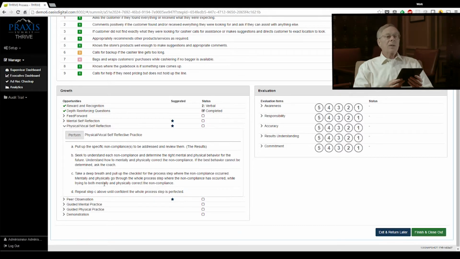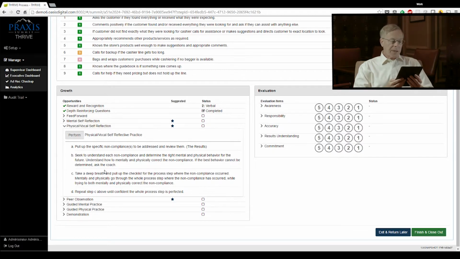It's very possible that a person can perform the right action, but mentally they're not there, which means in the future that it's not going to be sustainable, and it may be the cause of a deficient behavior.